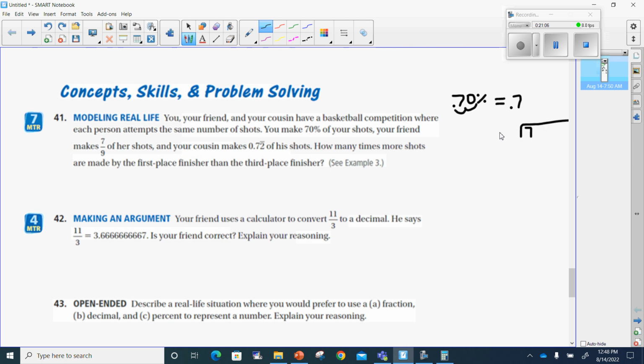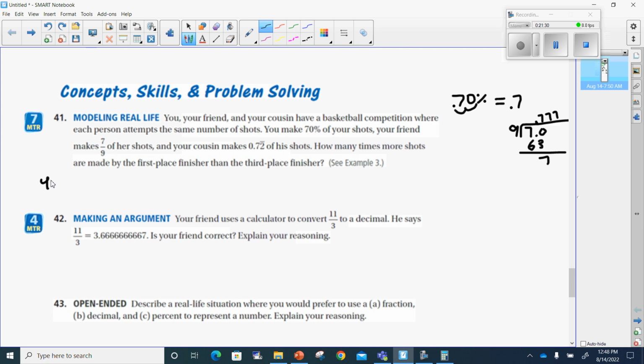And I think we already did this one, right? 7 goes into 63, giving us a remainder of 7. So we're going to keep on using 7.